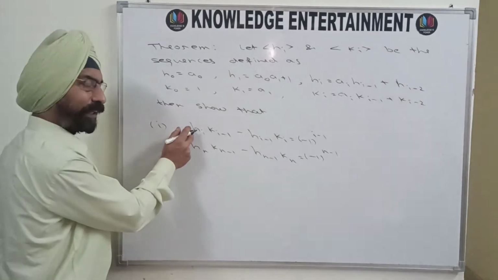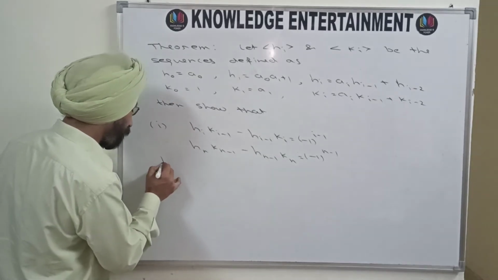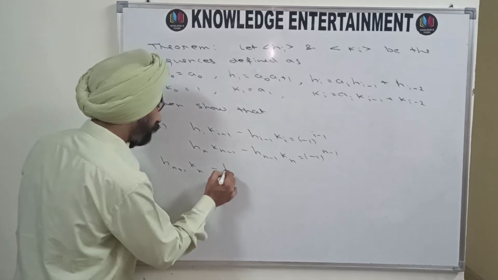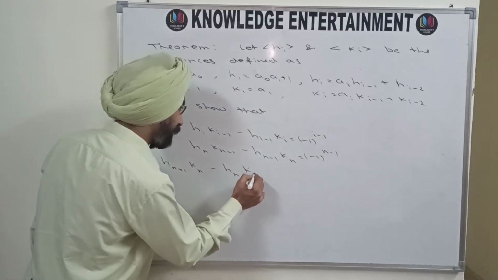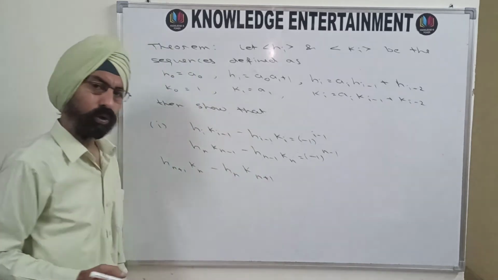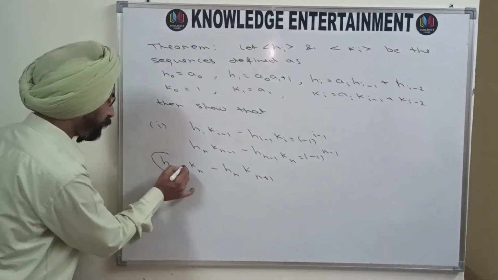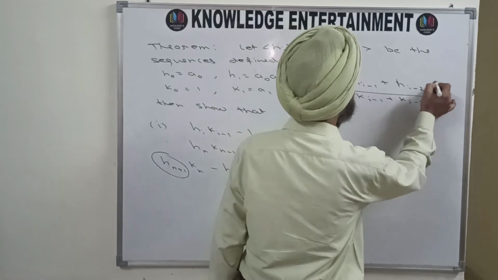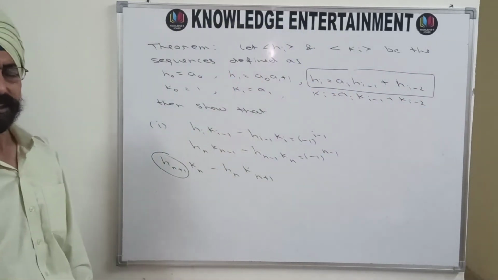You substitute i to be n plus 1 here, you will get h n plus 1 kn minus hn k n plus 1. For this h n plus 1, use the definition of hi.